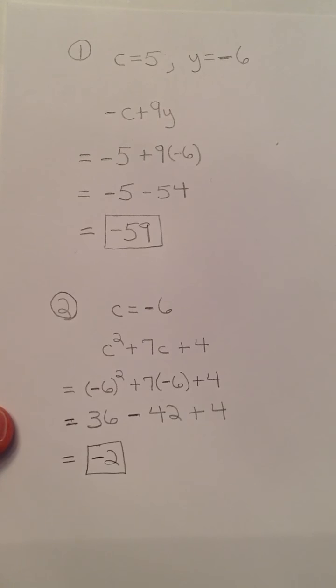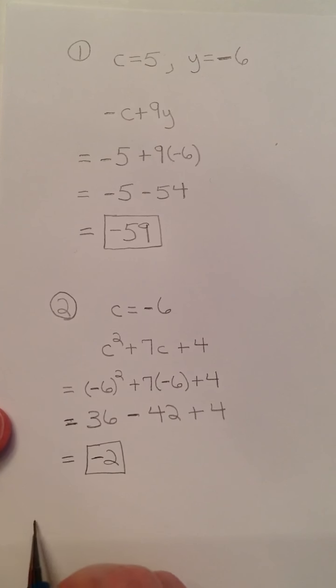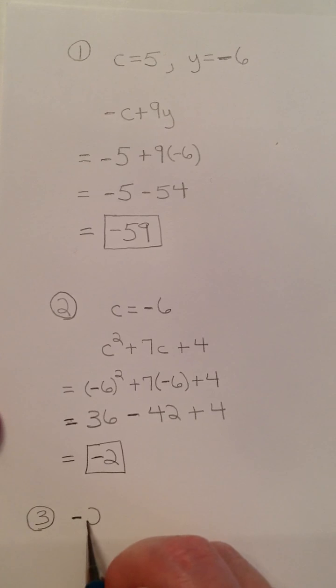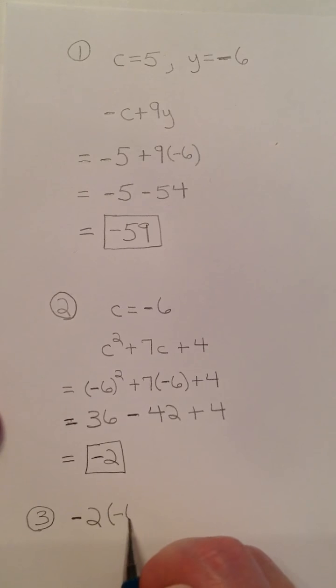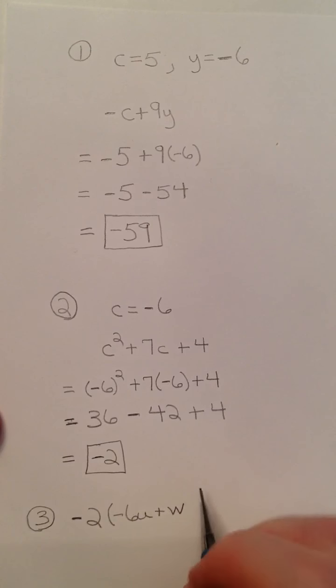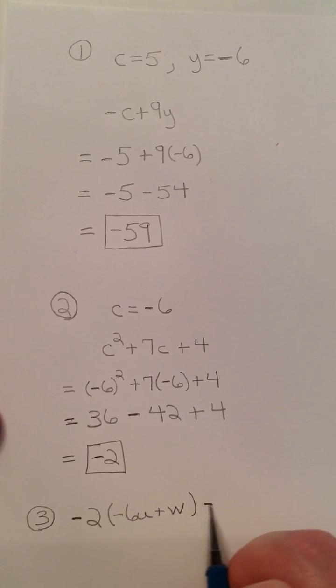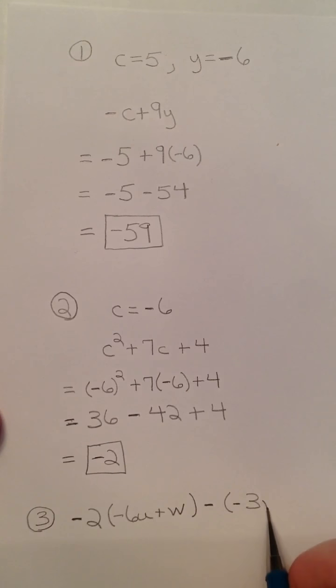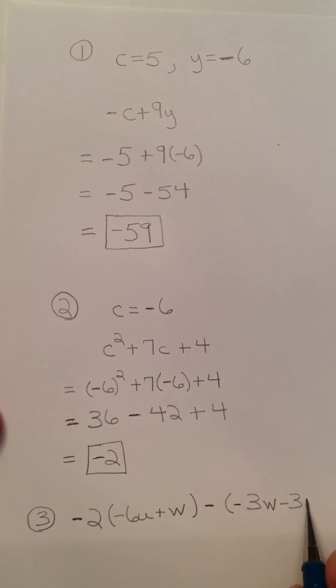Now in the case of number 3, we were looking at combining like terms, and in the expression we have negative 2 times the quantity negative 6u plus w, and then we have minus the quantity of negative 3w minus 3u.